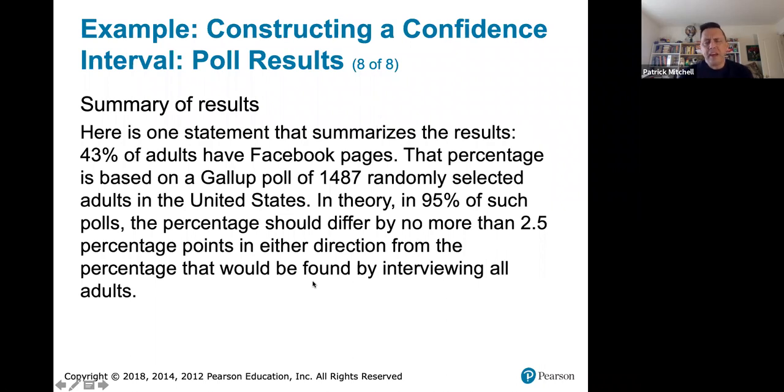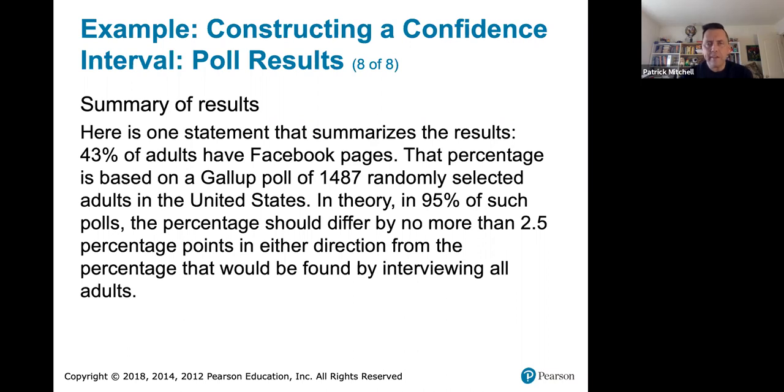Okay, and then they also had this question attached to letter C: write a statement that summarizes the results. So this is what they came up with. 43% of adults have Facebook pages. That percentage is based on a Gallup poll of 1,487 randomly selected adults in the United States. In theory, in 95% of such polls, the percentage should differ by no more than 2.5 percentage points in either direction.